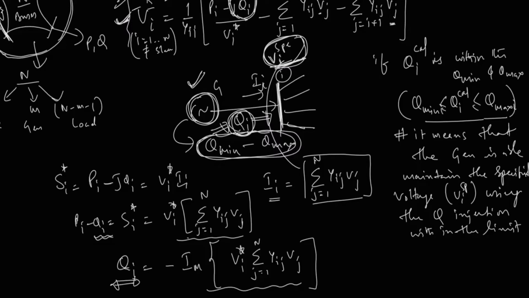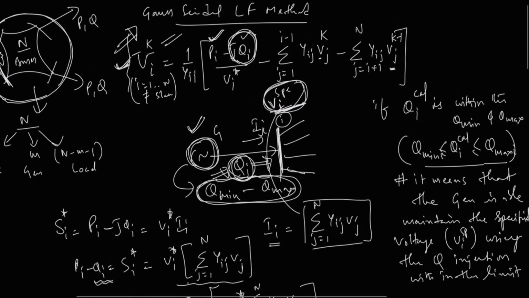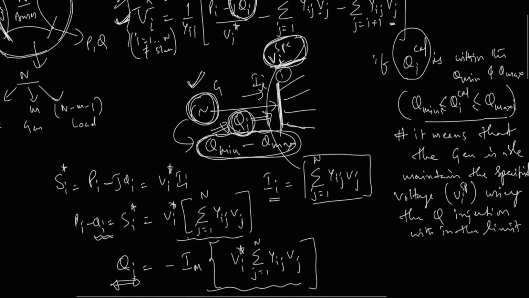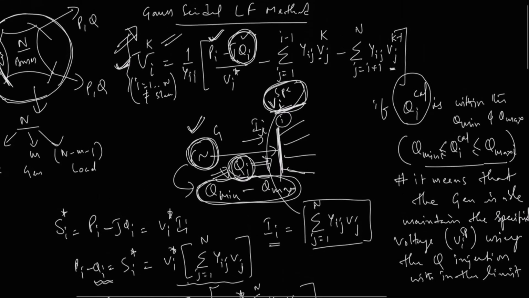So what we do now is, in this equation, the calculated value we obtained from here, the imaginary part of this expression, which is actually within this limit, we take as it is and find out that particular generator voltage again.